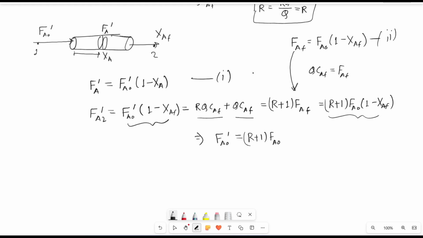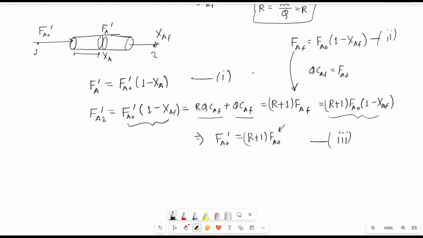This is a very important relation, equation 3. It tells that the inlet molar flow rate of A will be R plus 1 times the molar flow rate of fresh feed. Fa naught is the fresh molar flow rate of A.